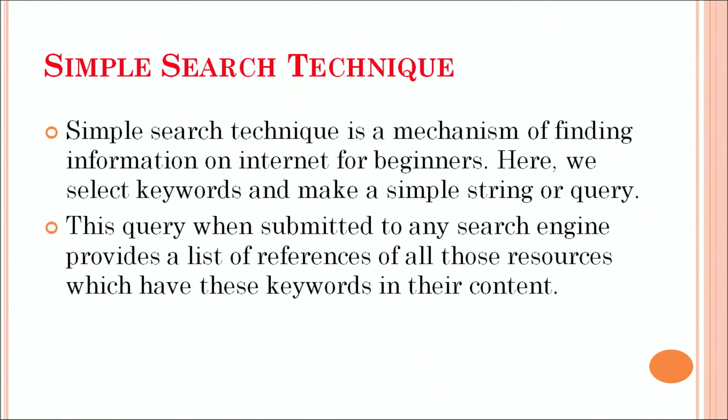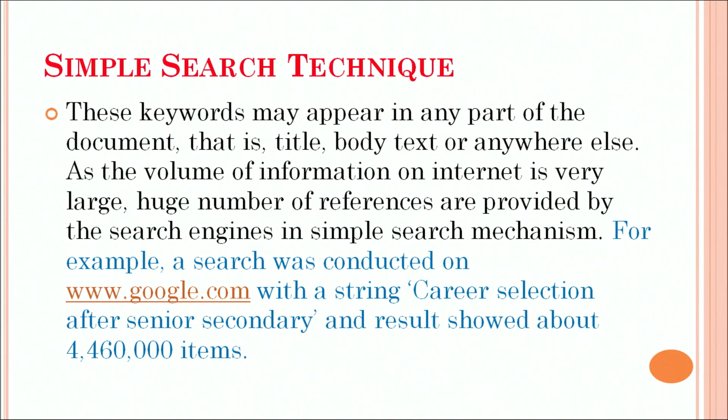This query, when submitted to any search engine, provides a list of references of all those sources which have these keywords in their contents. These keywords may appear in any part of the document, that is title, body, text or anywhere else. As the volume of information on the internet is huge, references are provided by the search engines in the simple search mechanism.